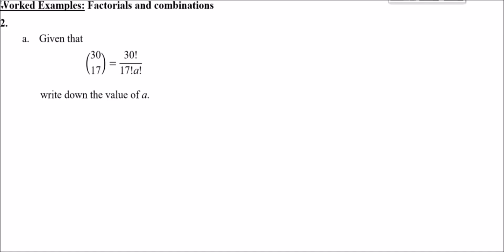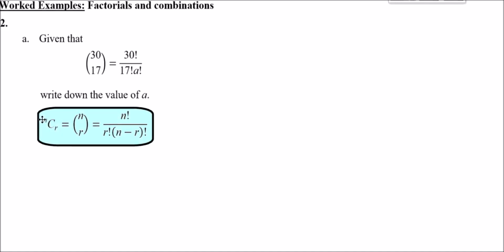Going back to that, n choose r was n above r in this form, which equals n factorial over r factorial multiplied by (n minus r) factorial. Now that we know that, we can apply it to this case.